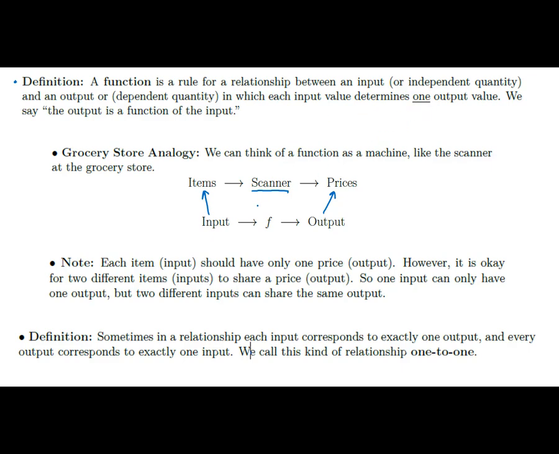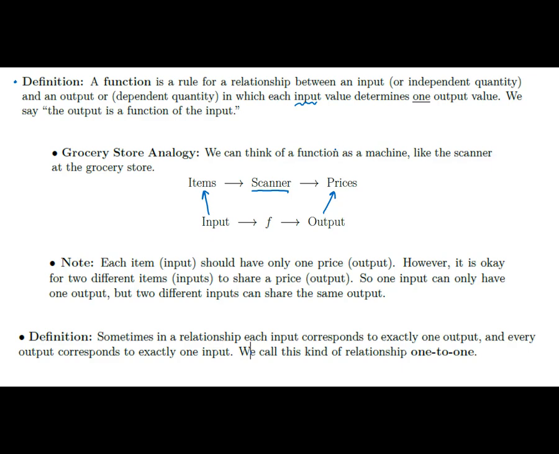Okay, now if we think of this in the grocery store scanner analogy, it's pretty easy to understand. What this is saying is that if you give me an input, let's say you give me a particular size Snickers candy bar, then when I scan that particular single input, I better only get one price out. Okay, it wouldn't make any sense to scan the Snickers bar once and have it be $1 and then scan it again and have it be $1.50, right? We would complain to the store that the scanner's broken, right?